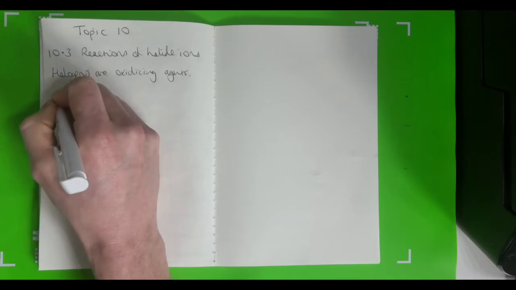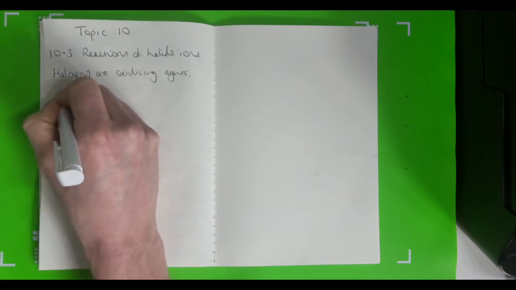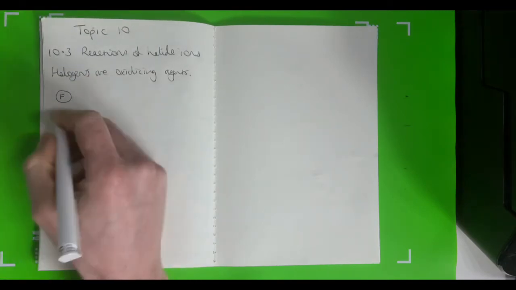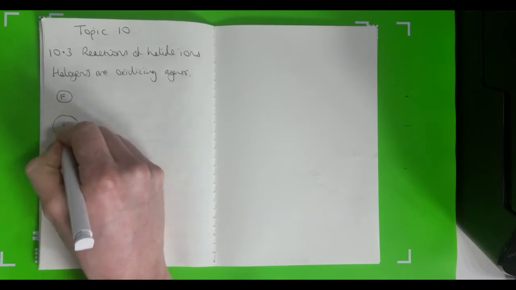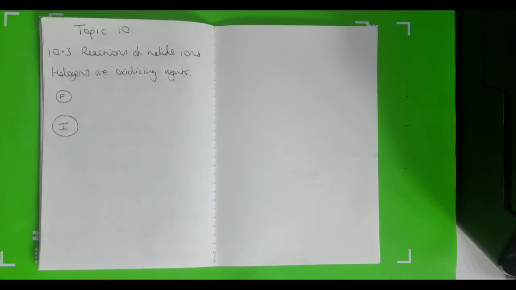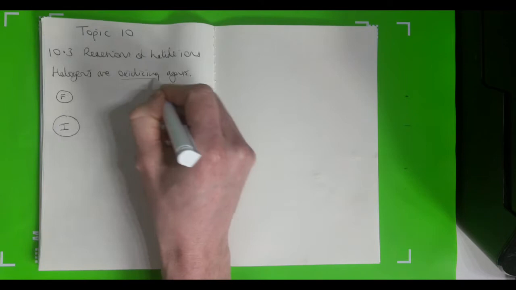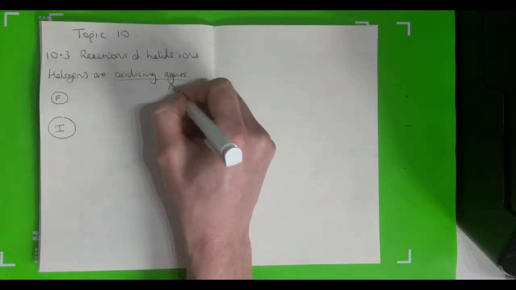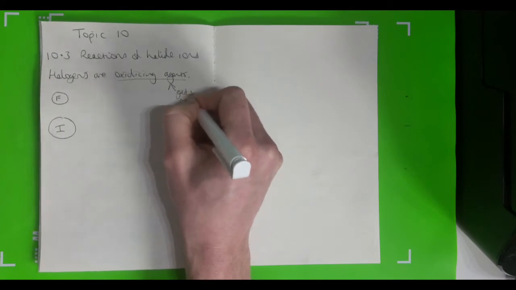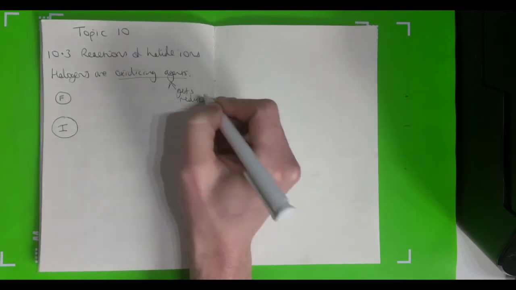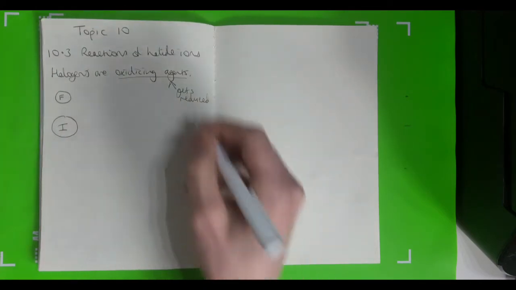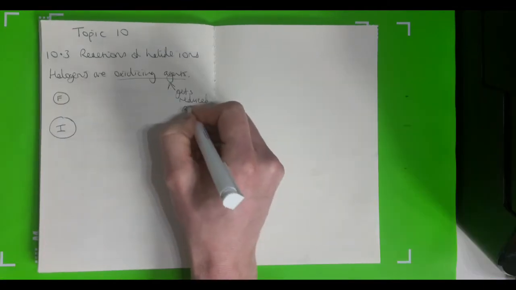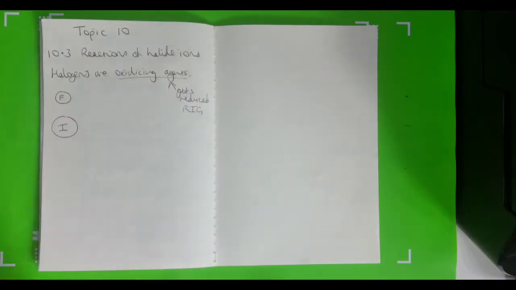Okay, so remember, if I've got a halogen here, or a slightly larger halogen, an oxidizing agent gets reduced. Remember, reduction is gain of electrons.